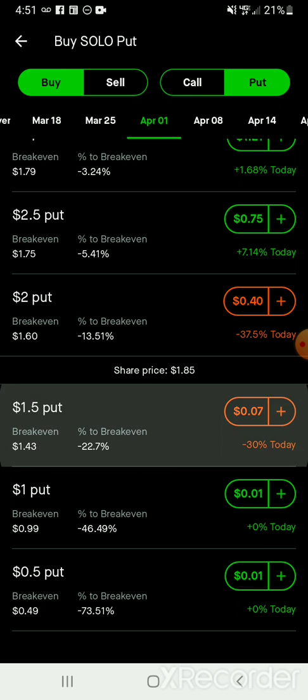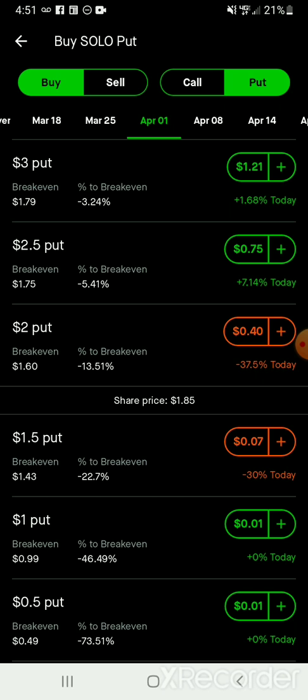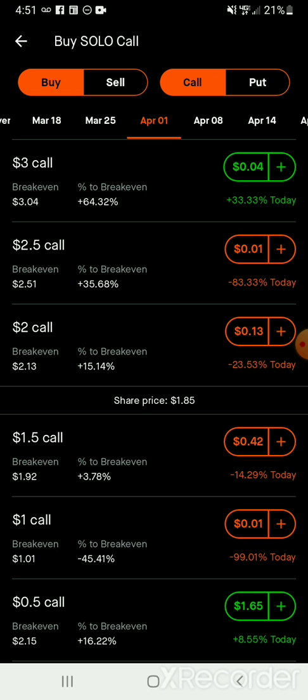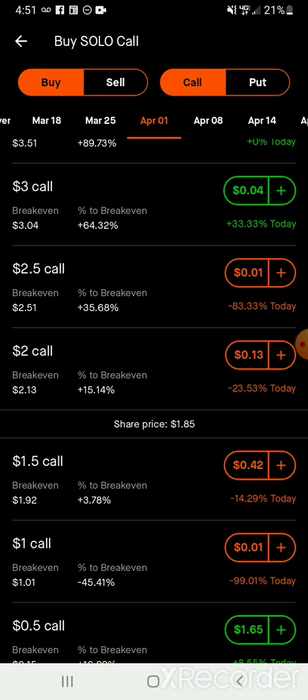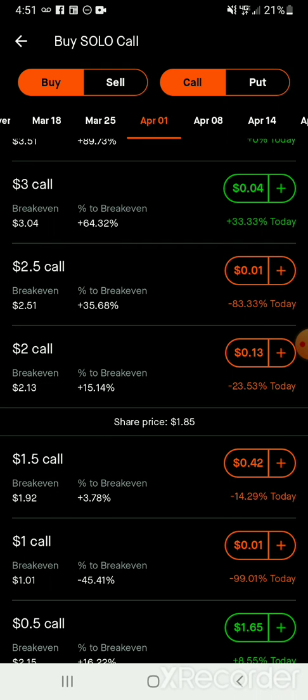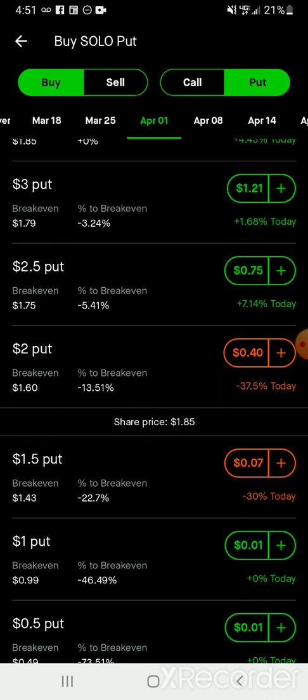For example, this $1.50 put here. So if you pay about $15 for this $2 call, and you're right, and the share price climbs to $3 or $4 per share, then you could sell this contract for $100 or $200 profit at least. Well, then what about that put you bought as a safety protocol?